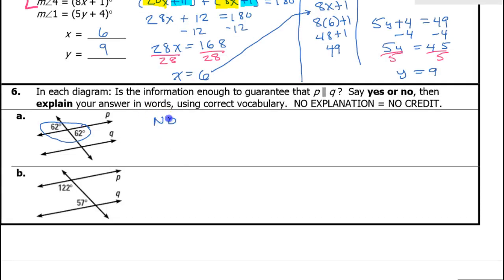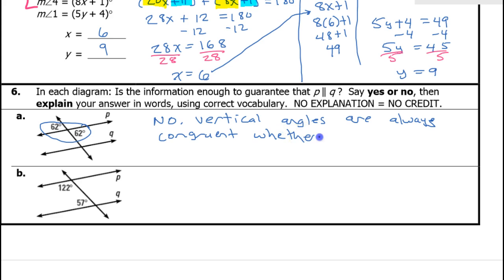So I'm going to say no. Vertical angles are always congruent, whether or not the lines are parallel.